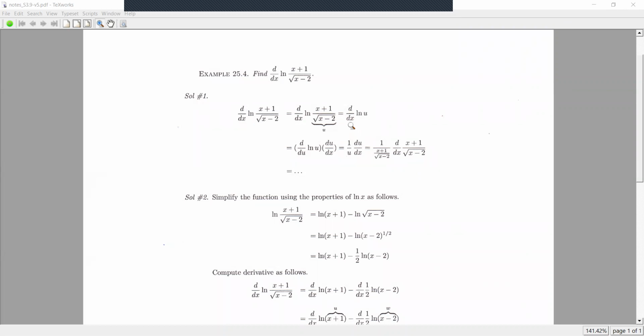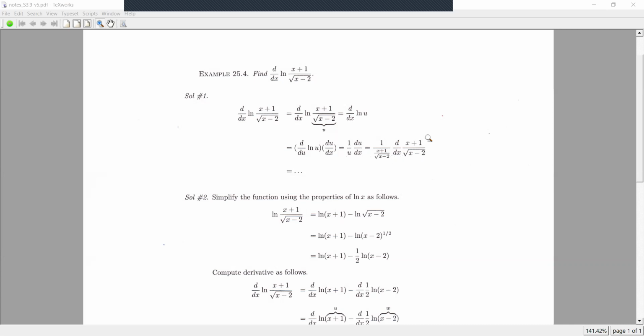By the chain rule, I write this derivative as the product of these two derivatives. The derivative of natural log of u with respect to u is 1 over u. Now, plug in this quotient in the u here, then I have this equation.